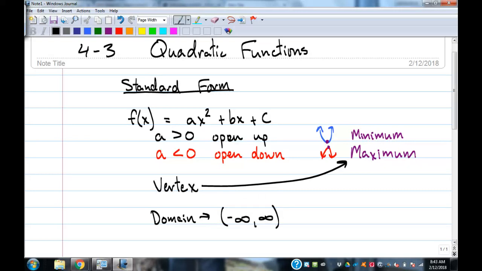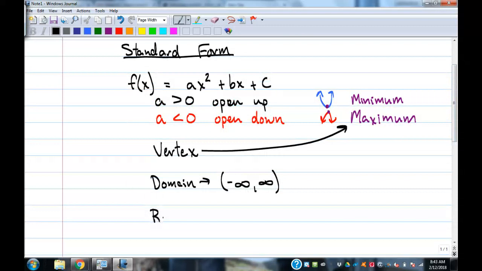And then the range is dependent on A. If A is a positive number, it's going to open up, so our range would be from whatever the y value of the vertex is to positive infinity. If A is a negative value, it's going to open down, so whatever the y value of the vertex is to negative infinity. So your range is going to vary. Domain, though, should stay consistently all real numbers, negative infinity to positive infinity.